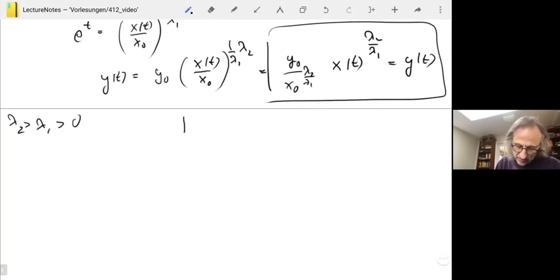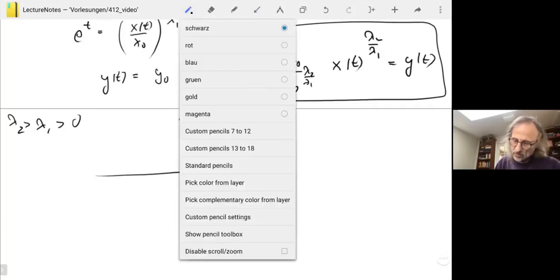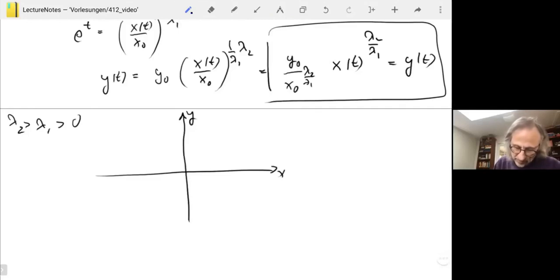If this is my coordinate axis with x and y, then trajectories of this type, depending on the values y naught and x naught, would be something like that, or another one would look like that. It would depend on initial conditions.